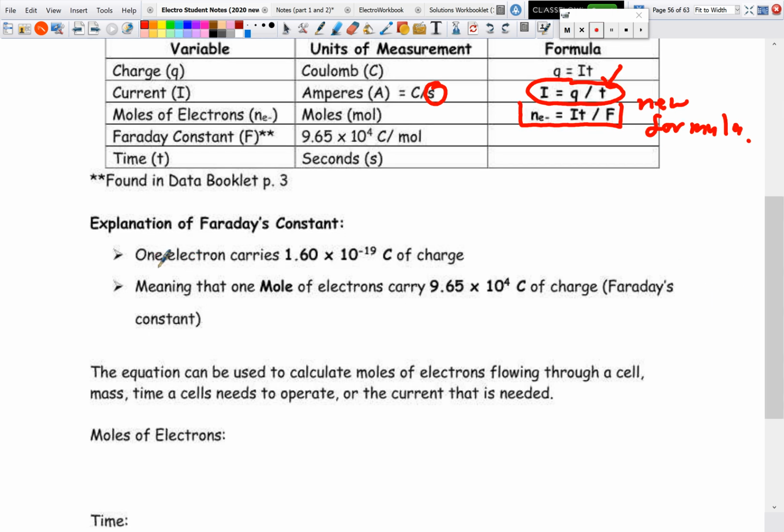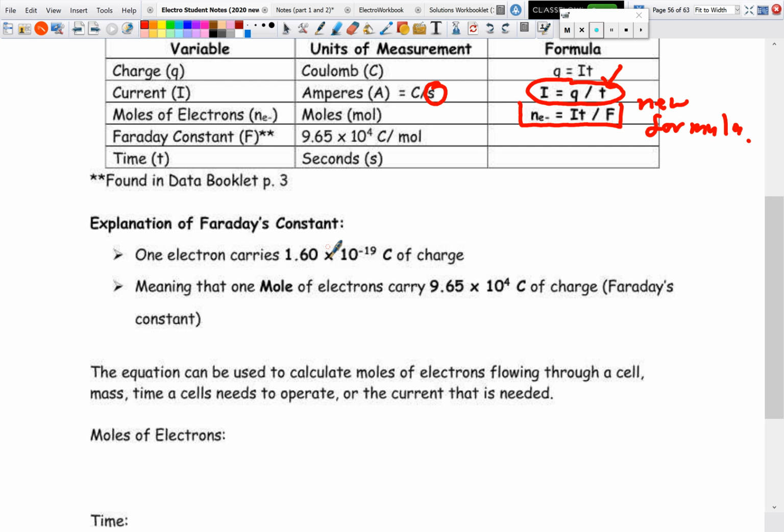The explanation of Faraday's constant is that it is experimentally determined. 1 mole of electrons carries 1.6 times 10 to the power negative 19 coulombs of charge. That's for 1 electron. We know 1 mole is 6.02 times 10 to the power of 23.